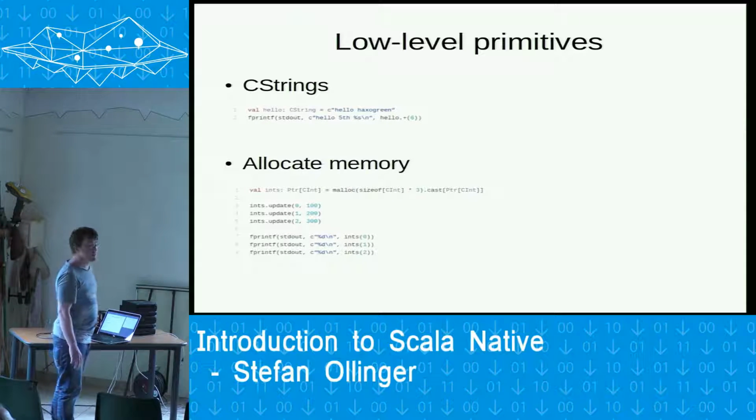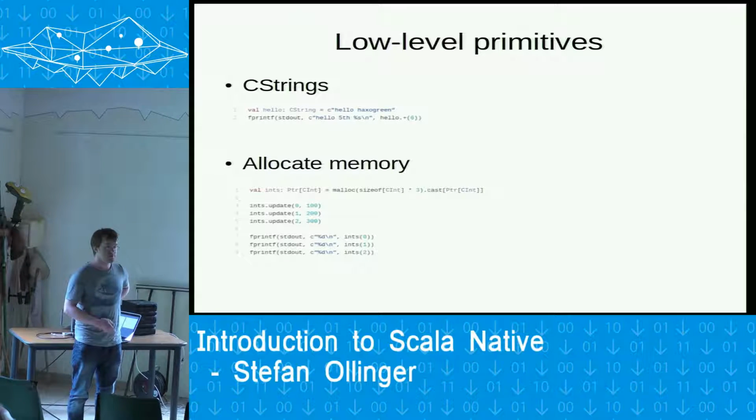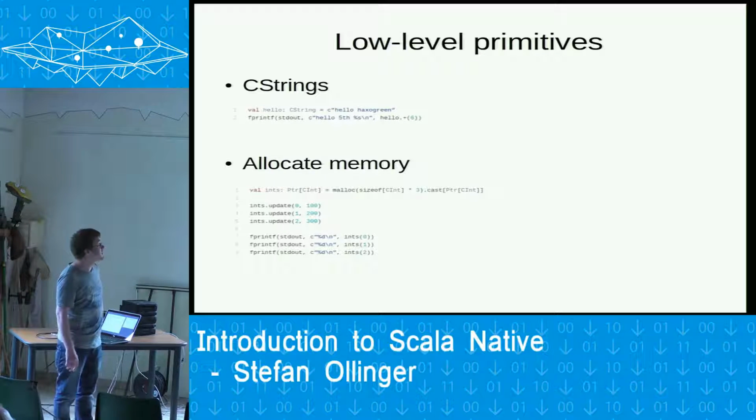Okay, let's take a look at a few additional things. Since you run on the machine, on the hardware, you can do things which you can't do on the JVM that easily, which is trivial from C, but not on the JVM yet. One thing is C strings. For example, you can create a hello string and print it, select it from the 6th position, so you can give an offset, and then it would print the rest of the string.